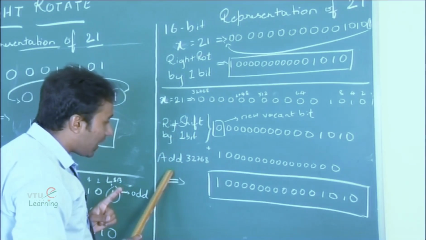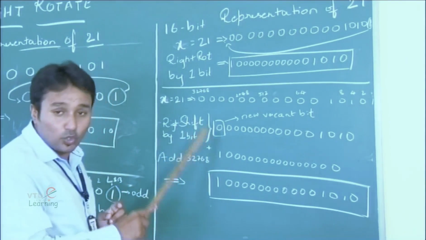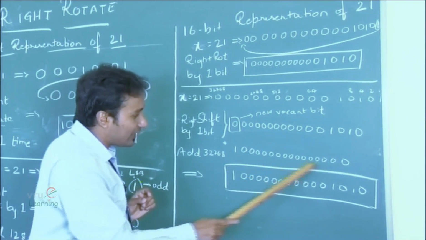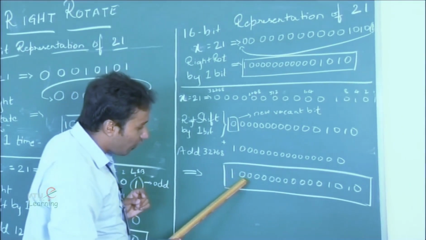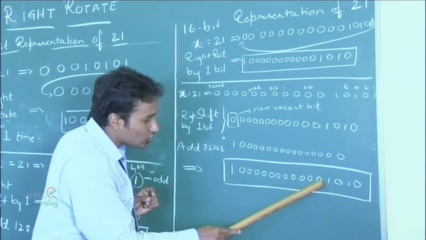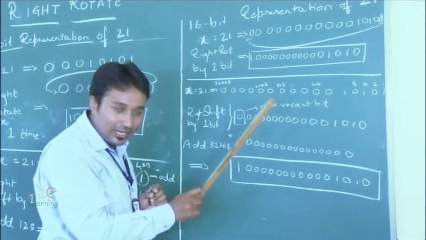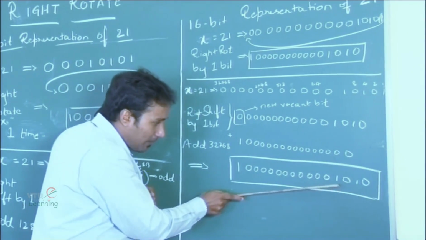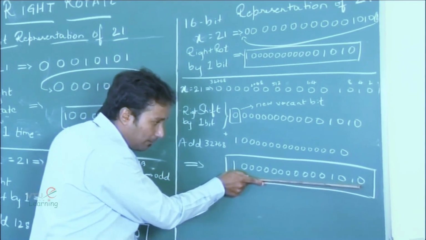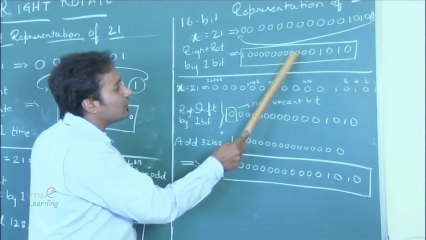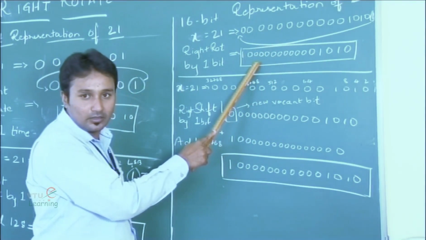After adding the value 32768 to the right shifted number, we will get the final answer as 1 followed by 11 zeros, 1010. Now we can clearly observe that the programmatically found number is always equal to the theoretical value of the rotated number.